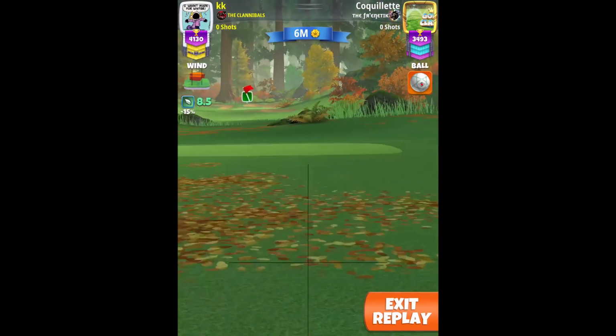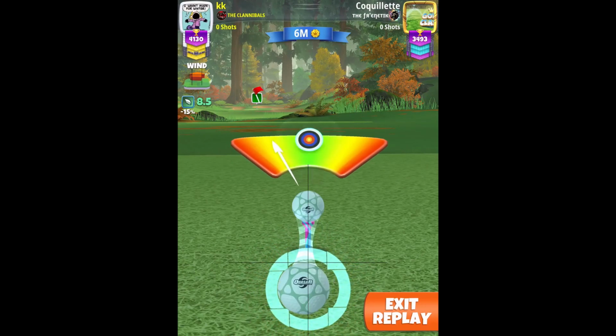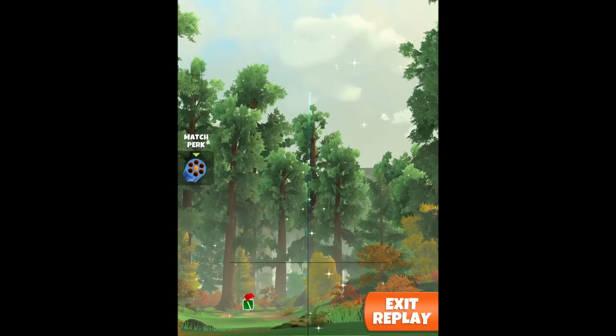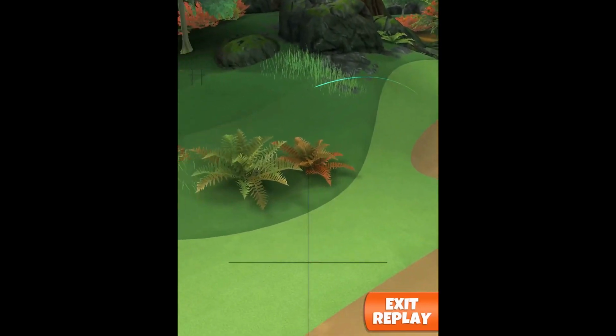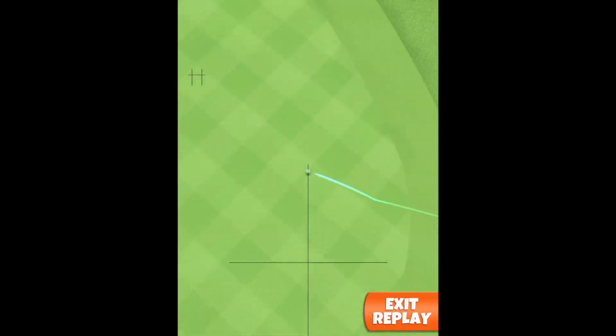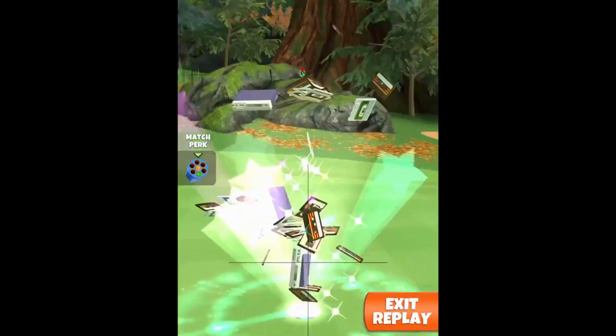And since this wind is pointing a little to the right, I'm going to do a little bit of left curl. And we did it again.